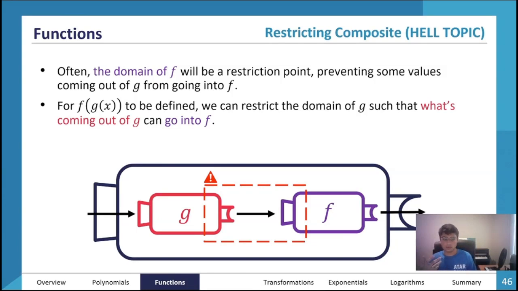So for f of g of x to be defined, we need the values going out of g to be able to go into f. What we can do is restrict the domain of g so that it's a subset of the domain of f. That means what's going out of g can go into f.